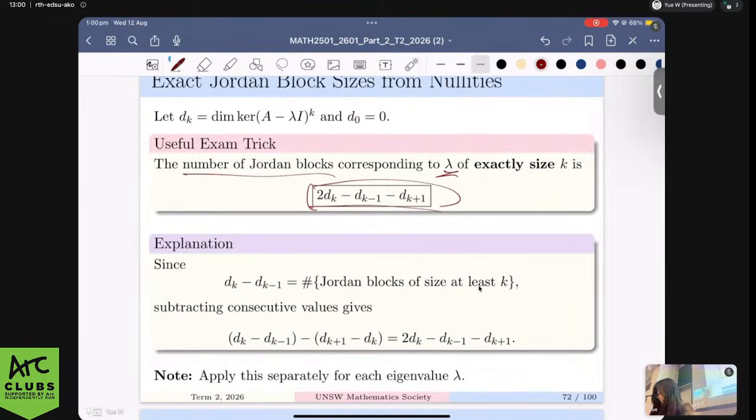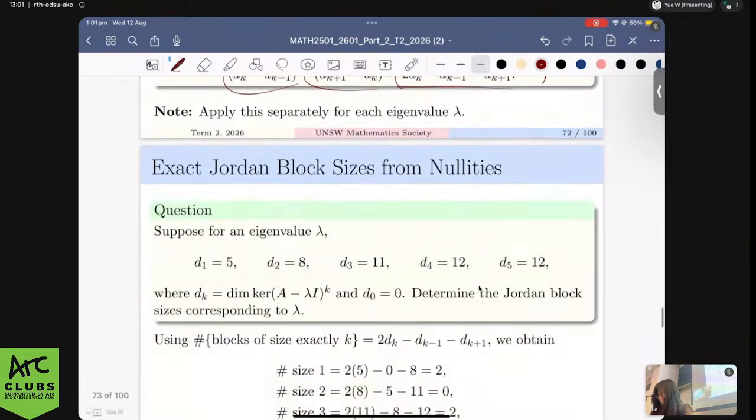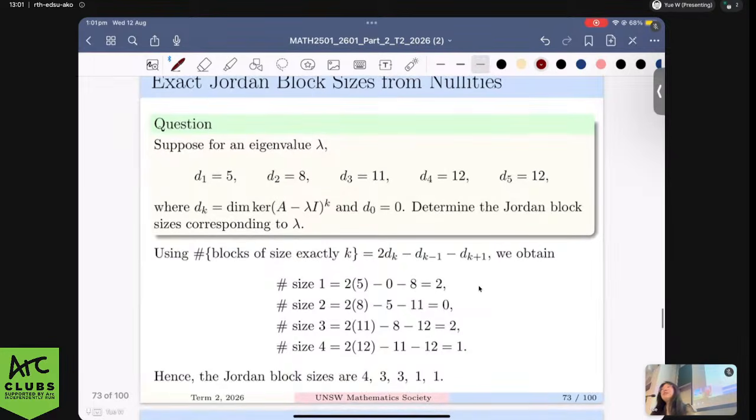And the reason for that is, same concept, you're just considering the differences between each one, and if you simplify, you should get this expression here. So this is an example of how you would use that formula to find the corresponding sizes of the Jordan form.